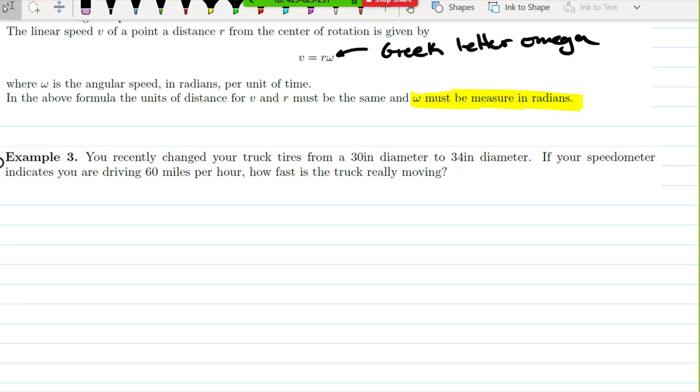So if you change the diameter of your tire by 4 inches, how much is that going to change our speed? We're going to need to use the formula we were just talking about, v equals r omega, but we're going to have to do a few other things first before we can use that formula.